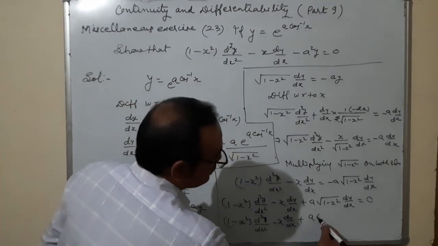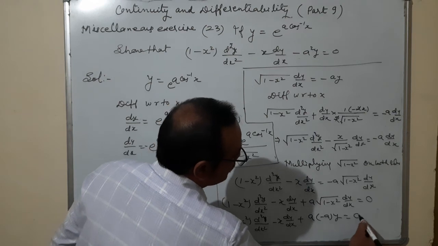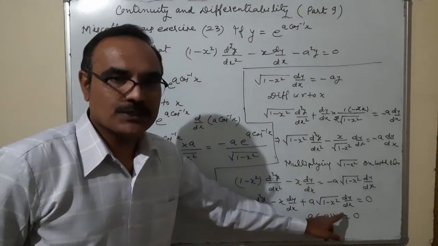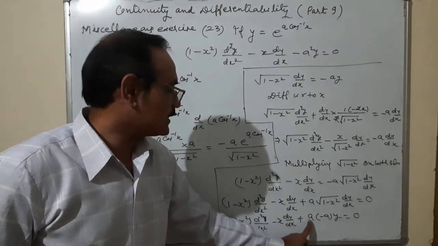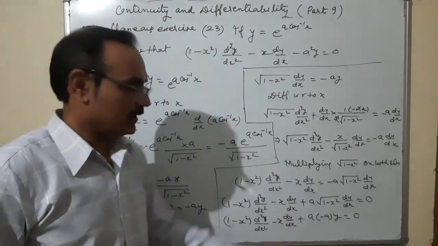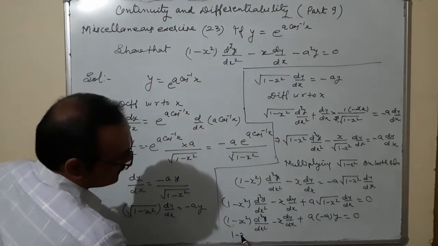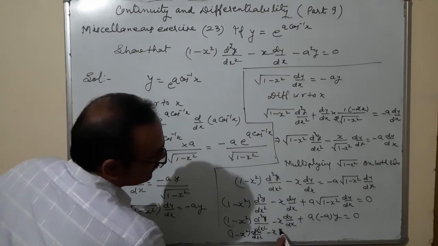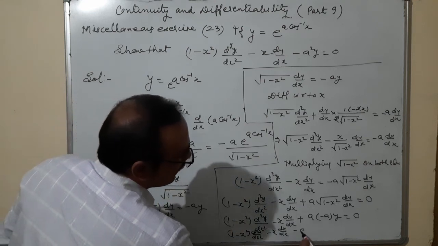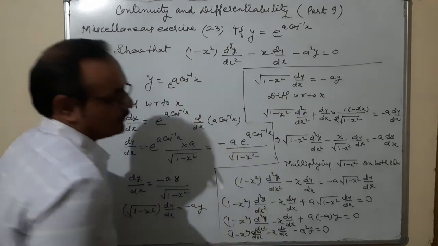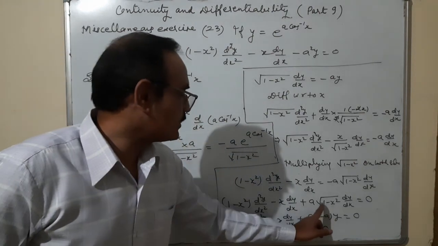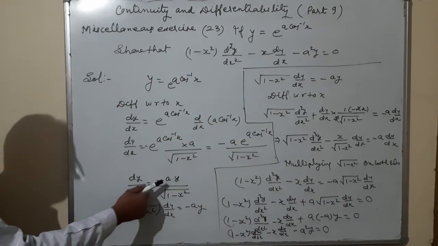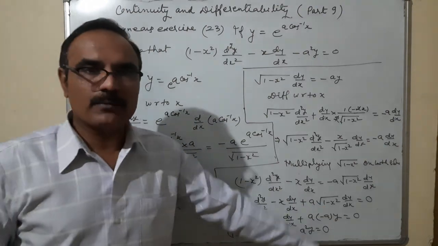So in place of this term we substitute minus ay, which gives minus a square into y. So finally what is coming? 1 minus x square d square y by dx square minus x dy by dx minus a square y is equal to 0. Here in place of this term, under root 1 minus x square dy by dx, we shift and get under root 1 minus x square dy by dx is equal to minus ay, so that I can put here minus ay.